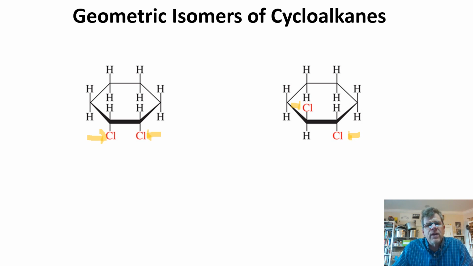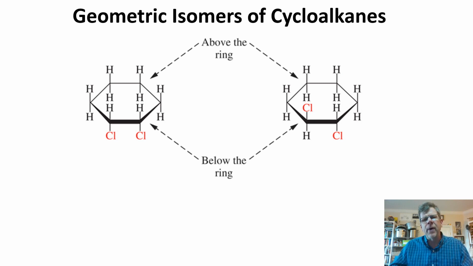So when we go into a structure that is cyclic, we lock in an area which would be considered above the ring and below the ring. That's locked in now.